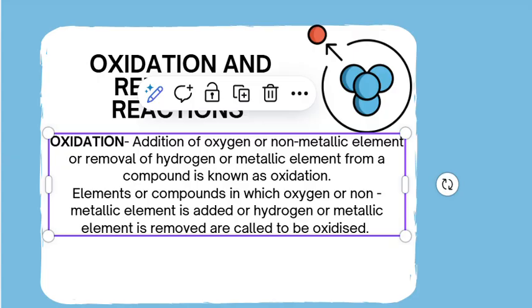Very simple definition. Elements or compounds in which oxygen or a non-metallic element is added, or hydrogen or a metallic element is removed, are said to be oxidized.